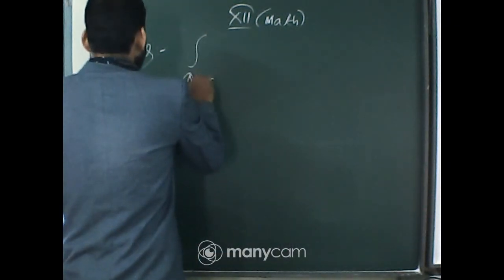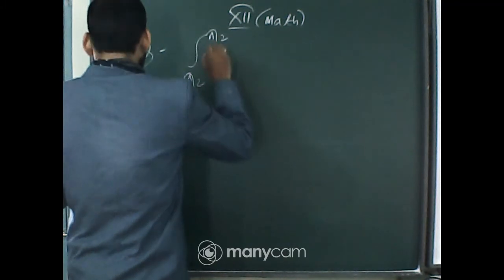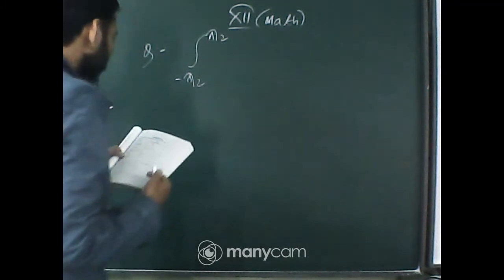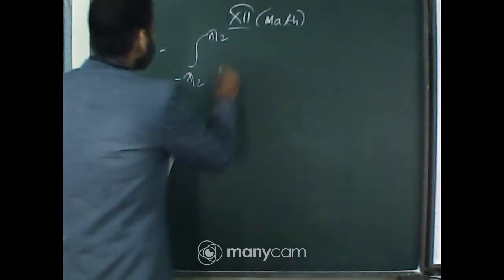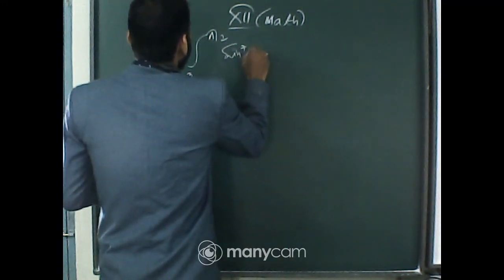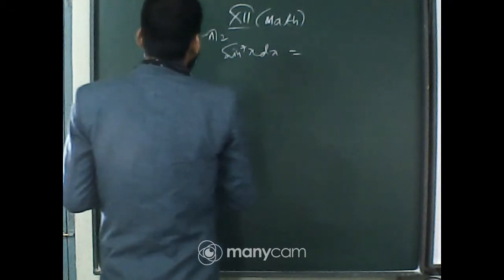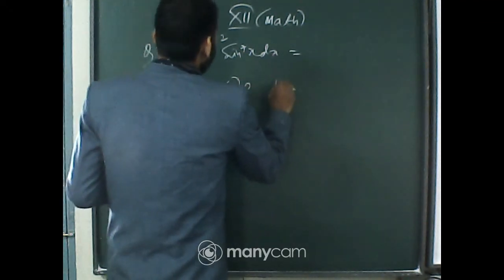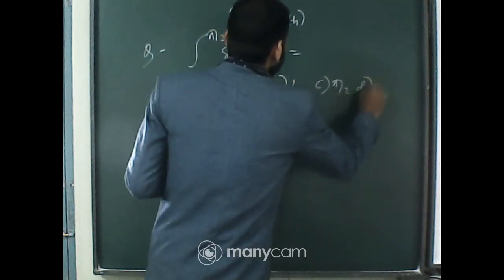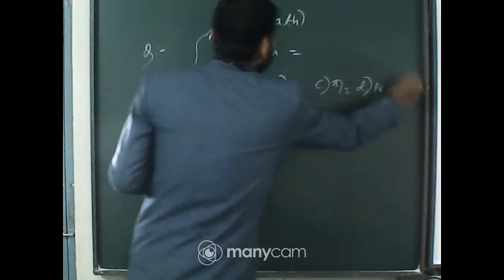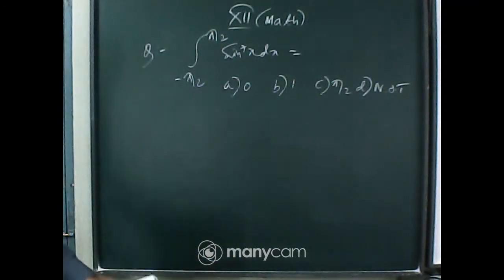Integration from minus pi by 2 to pi by 2 of sine to the power 7x dx equals: option A, 0; option B, 1; option C, pi by 2; option D, none of these. Which one is correct?